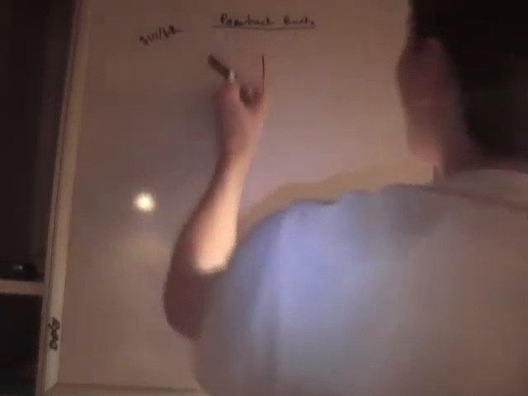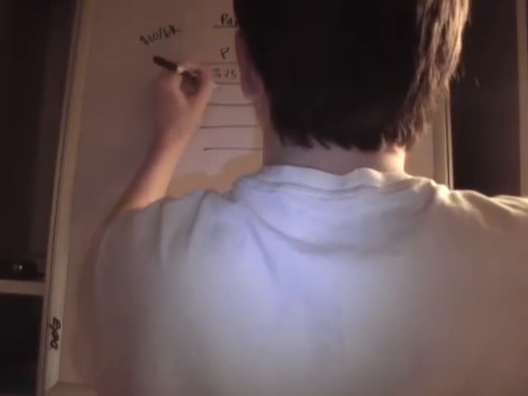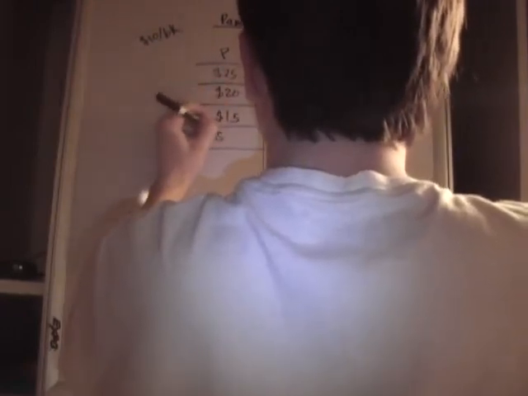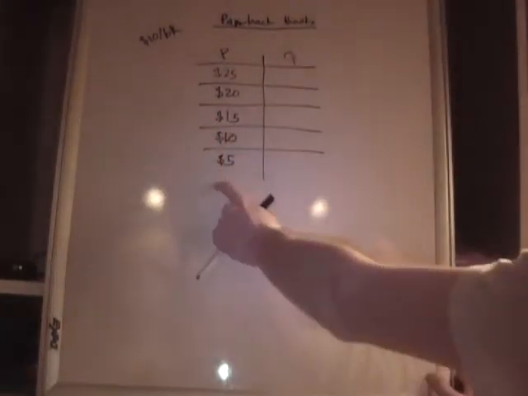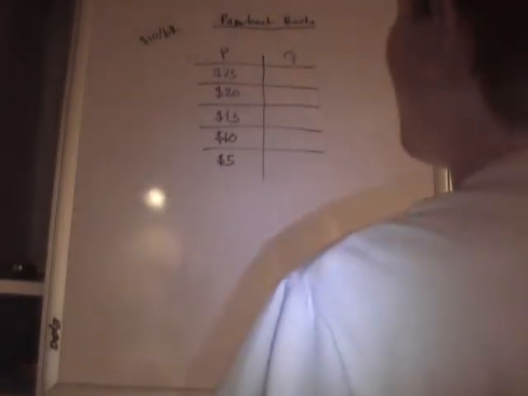The company, the price of books that they're going to sell at, and the quantity that they're going to produce, so it gets a little tricky. Alright, first of all, let's look at this. If it costs $10 to make one paperback book, are they going to sell at 5? No, that would be stupid.